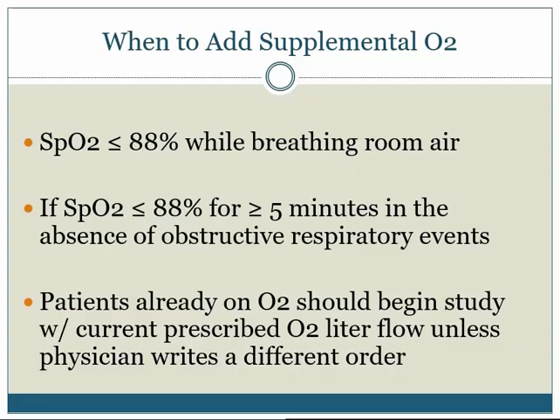So this last one is one of these really fun little instances where a patient says, you see it in their chart, they're on home oxygen. Regardless, you need an order of whether you are continuing their oxygen at their home level, or if you're withholding oxygen. You need a physician's order regardless in this scenario if they're on home oxygen.